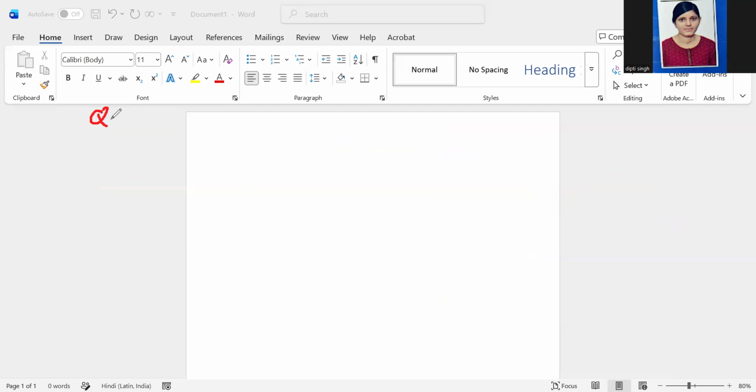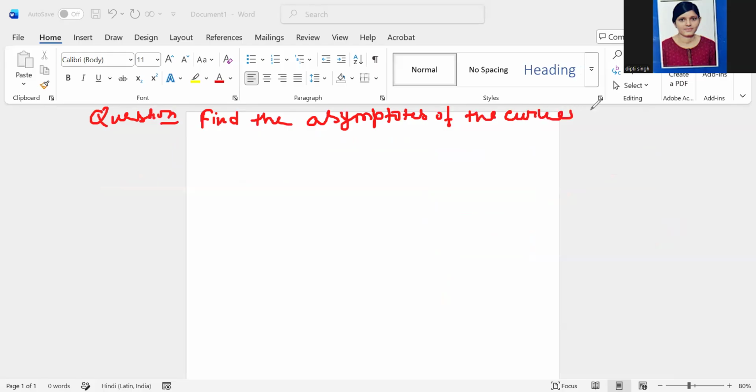So the question is: find the asymptotes of the curve x cube plus y cube minus 3axy equal to 0. Okay, so first we have to check the given curve.